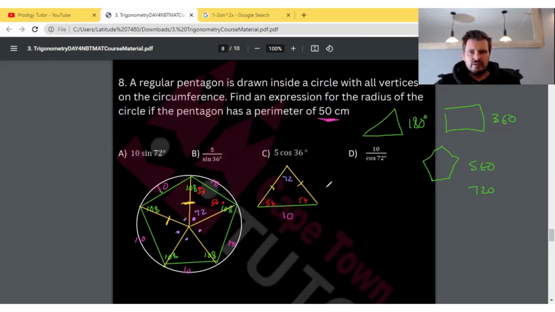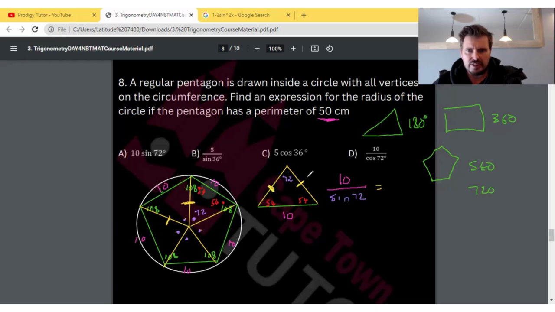I'm going to do it the other way around: 10 over sine 72 is equal to the one that we want, these yellow ones.